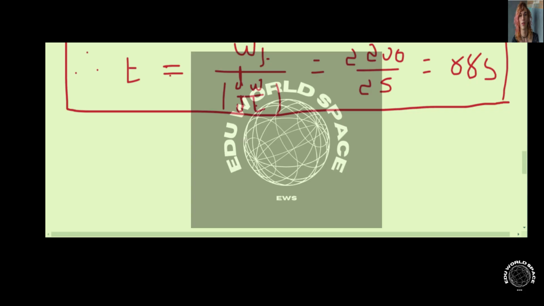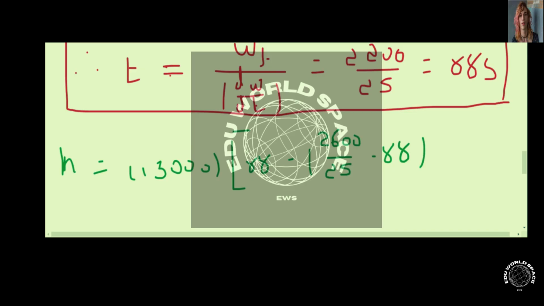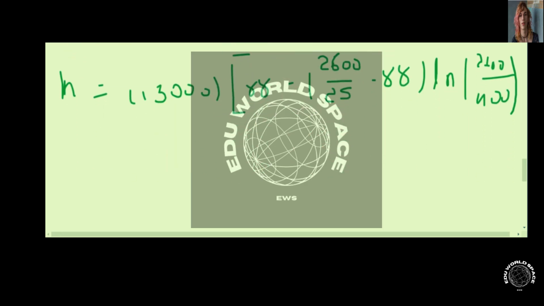So finally we will have the height h is equal to 13,000 times (88 minus (2,600 upon 25 minus 88) times ln (2,600 upon 400)) minus 1 half 32.2 into 88 square. 400 comes from the subtraction of 2,600 and 2,200, so the difference will be 400 here.